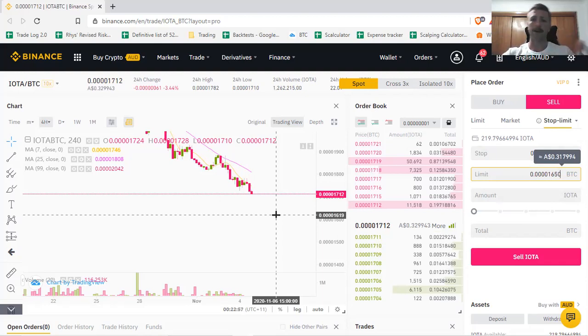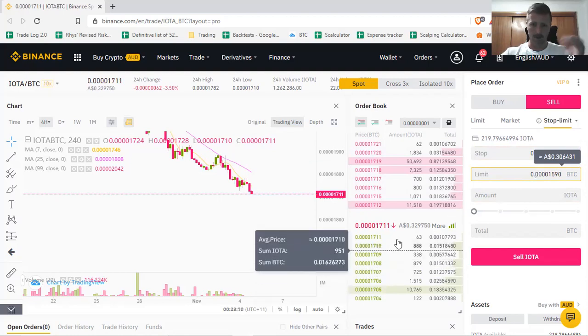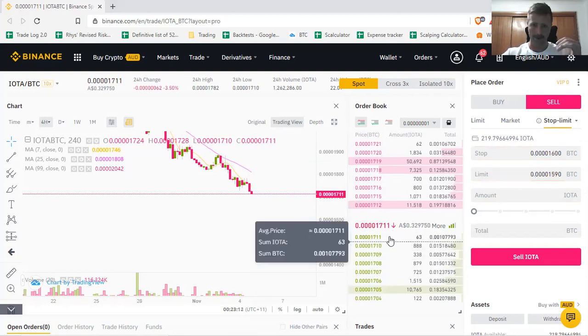So how I get around that is I would set it at 1590. No, perfect. I would set it at 1590. How I get to that figure is I just have a look at the order book. You can see here that IOTA is measured in 1 sat increments. So, 11, 10, 9, 8, 7.